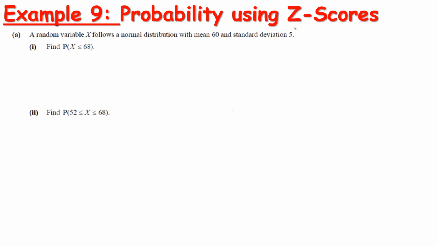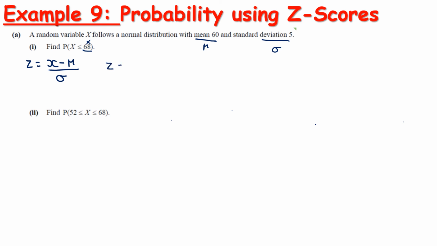So we're going to use our standardizing formula, and the standardizing formula is in your log tables, and basically what it does is it takes any number from a set of normally distributed variables, and it will convert it to a standard normal z-score, which basically means we can use our tables. So we have our mean here, which is mu, our standard deviation, which is sigma, and our x here.